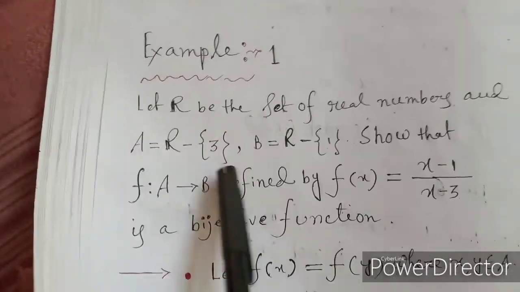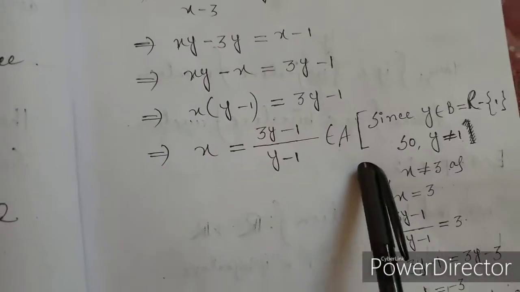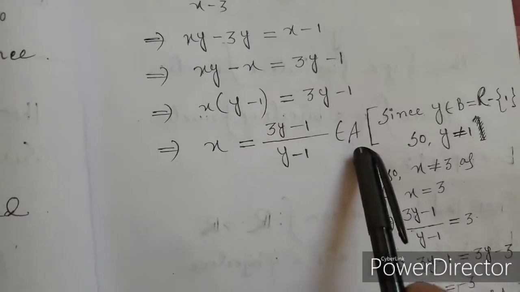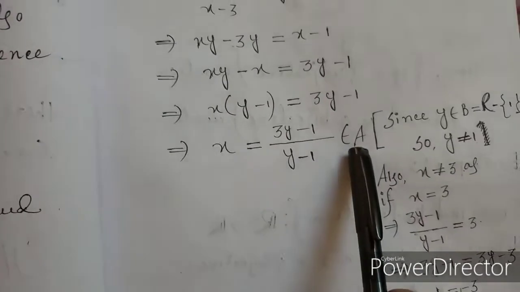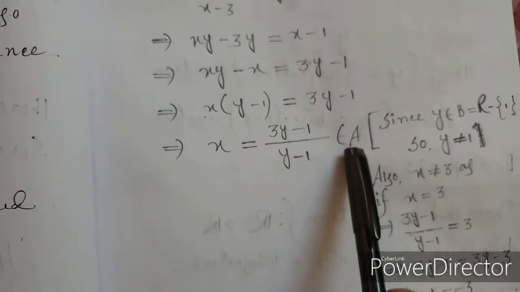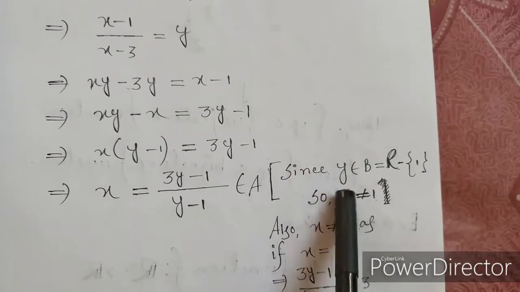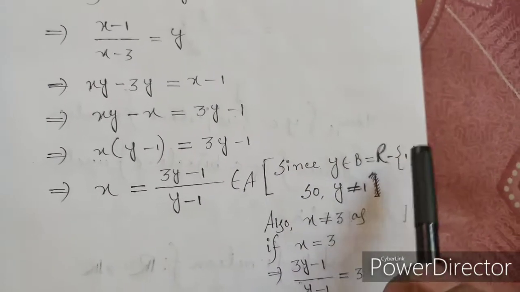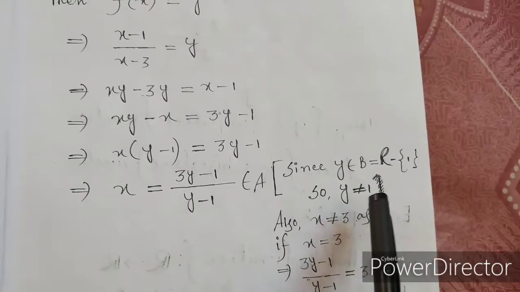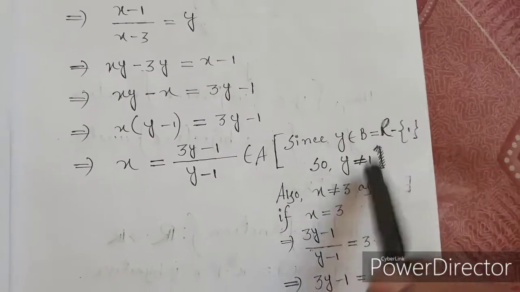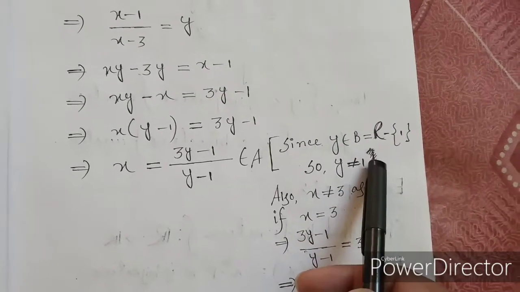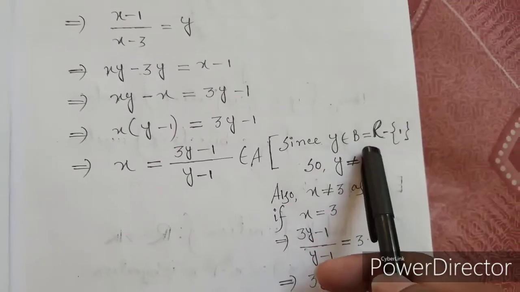That means x belongs to A means in A there does not exist any 3, so x ≠ 3 obviously. Got it? So what is the logic behind that? Since y belongs to B, R - {1}, obviously y ≠ 1.